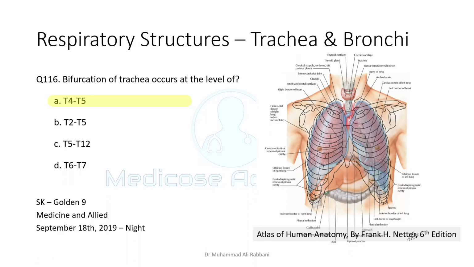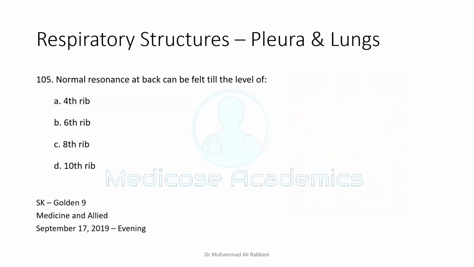Then there is the point where azygos vein will enter the superior vena cava, and there are one or two more. I'll just encourage you, if you open the book, make a list and memorize it. That particular concept is asked repetitively in the examination.